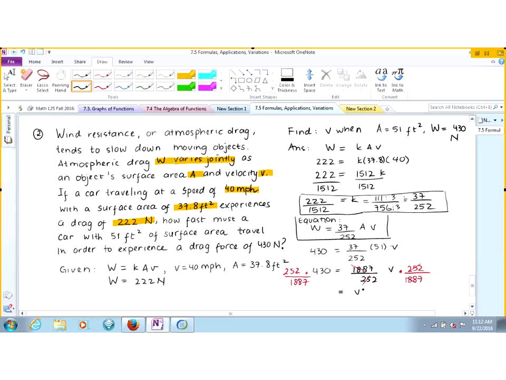So is the answer 57? Yes, 57.4. All right, now here we could round, not in the middle. So how do I answer my question? Velocity is approximately 57.4 units. Yes, there you go. Finish.